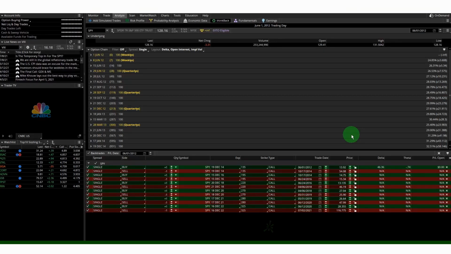Now we are using the broker platform Think or Swim for our options trading and to backtest our method. You should go to Analyze and then Think Back. Then we can key in the ticker symbol for the S&P 500, which is SPY, and we'll be on this page.